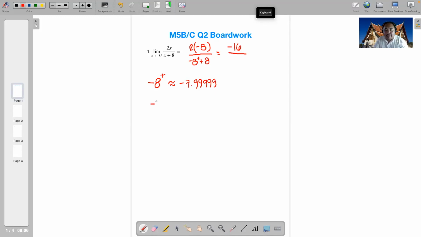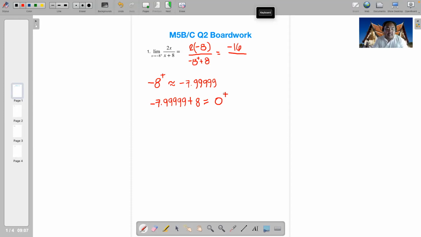Why? Because when you have negative 7.99999 and you add 8 to that, which is obviously larger, you will get a number close to 0 but positive. Okay? You can take out your calculators right now and check whether what I'm saying is true.